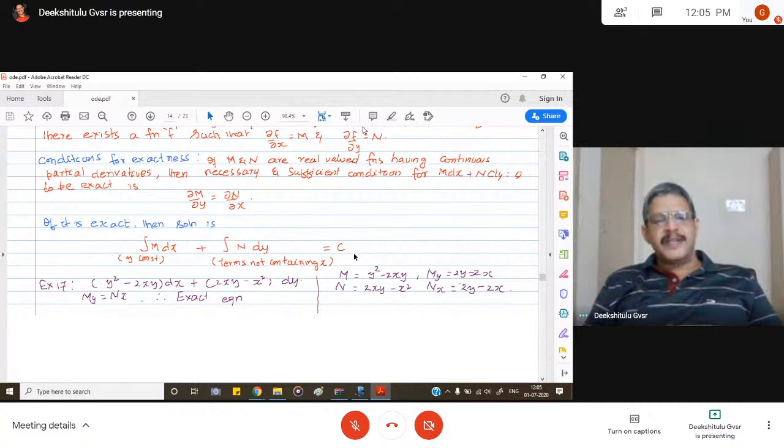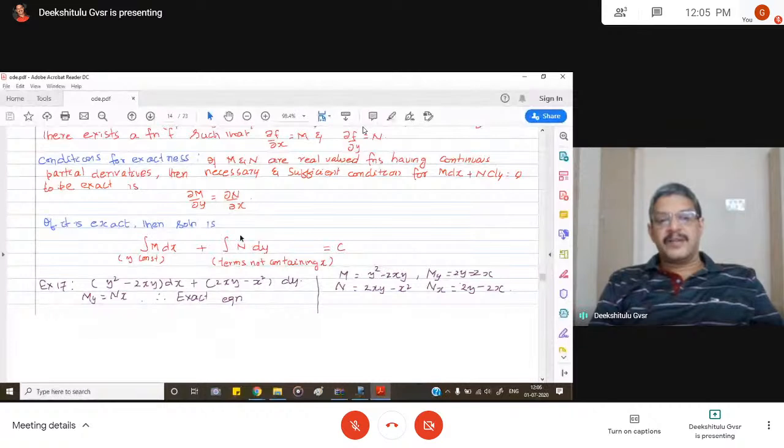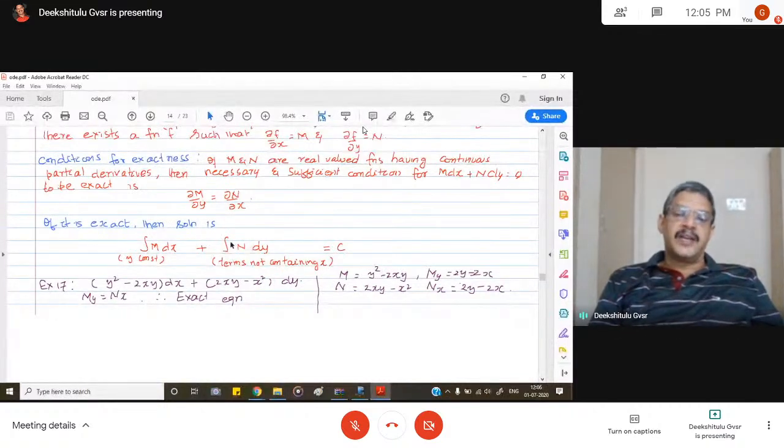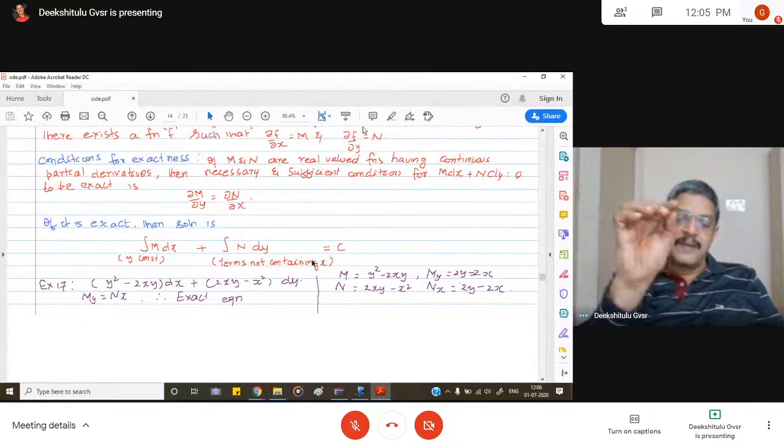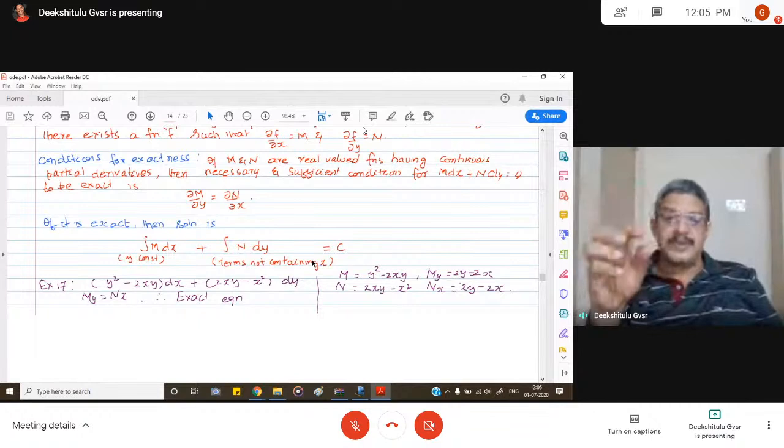In the solution, take the terms of N which do not contain x. That means you have to pick up those terms which are independent of x, which don't involve x.